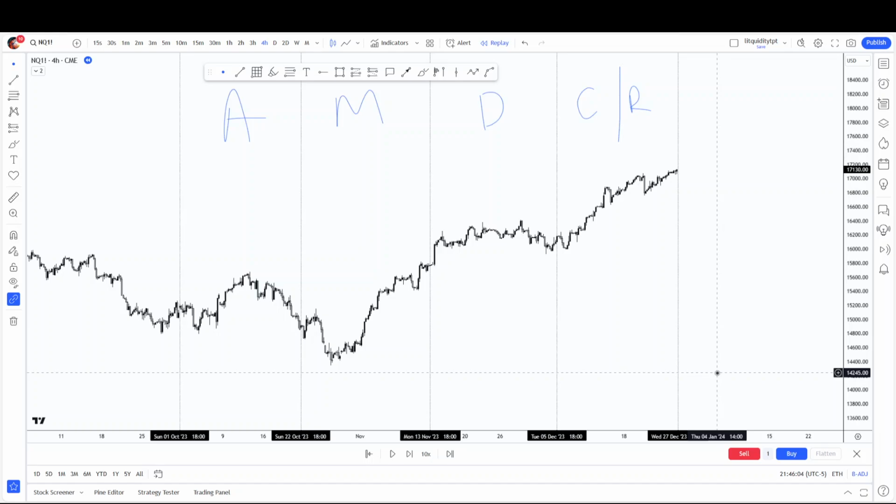Now I want you to divide the number of months in a year by 4 to make it into 4 quadrants. You're going to have January to March, April to June, July to September, and October to December. So we're using the last one of those quadrants to develop our accumulation, manipulation, distribution, and our continuation or reversal.